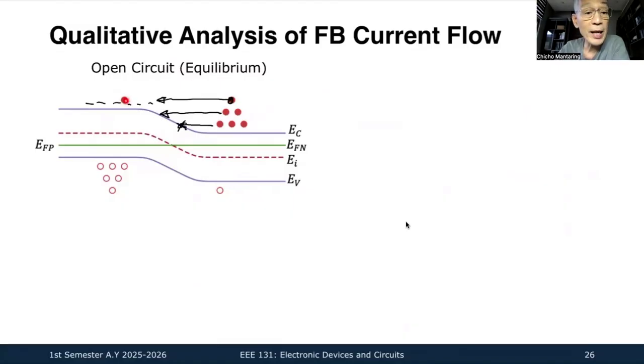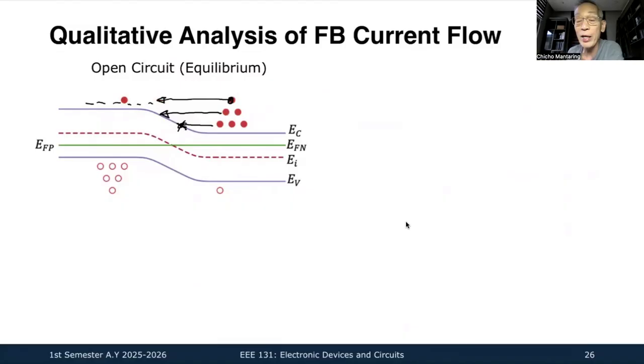What about this particular electron? What this electron sees now is an energy barrier that is decreasing. Remember what we said, the electrons will try to move to a state of lower energy. When it sees this decreasing energy barrier, it will have a tendency to accelerate toward the right, because toward the right its kinetic energy will be increasing.